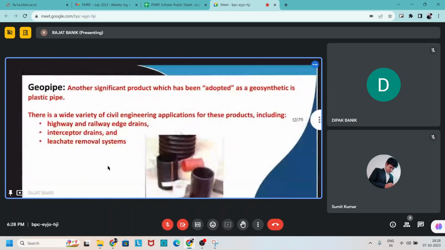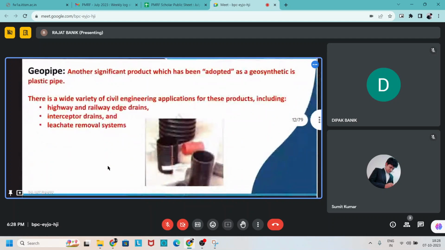Then we come to geopipe. Another significant product which has been adopted as a geosynthetic is plastic pipe.